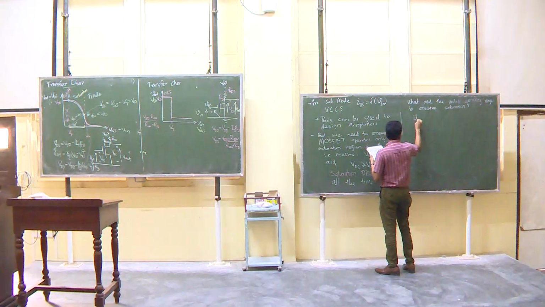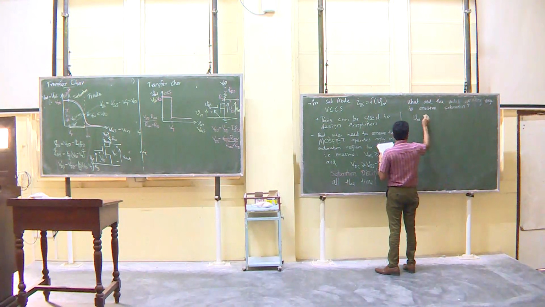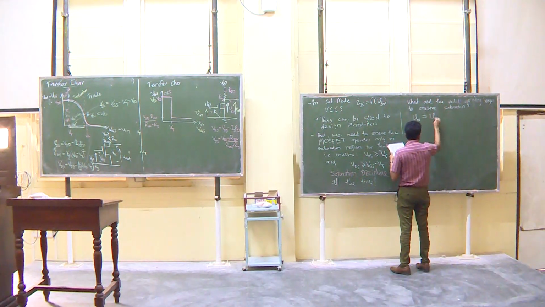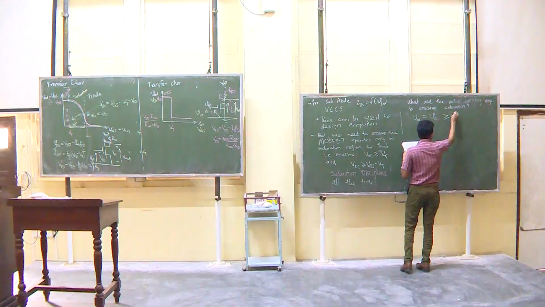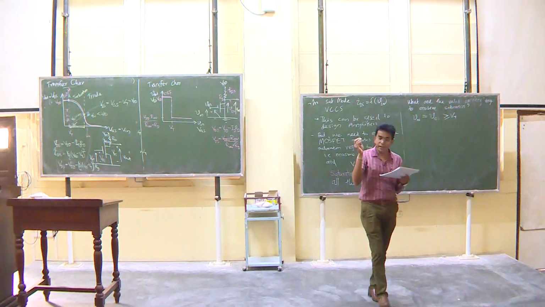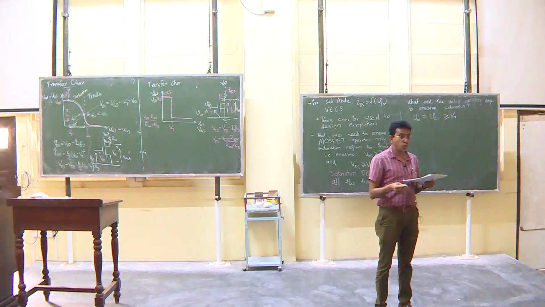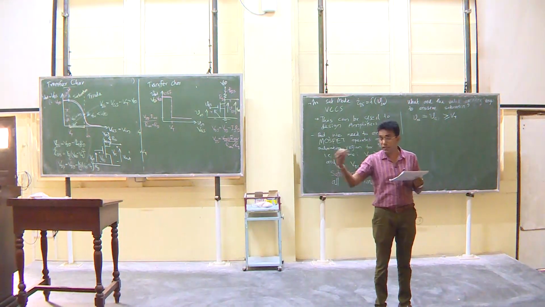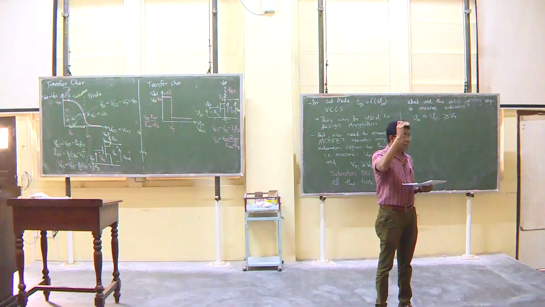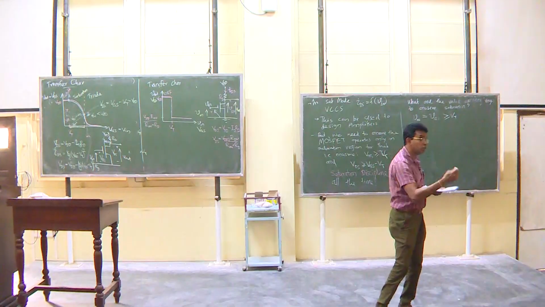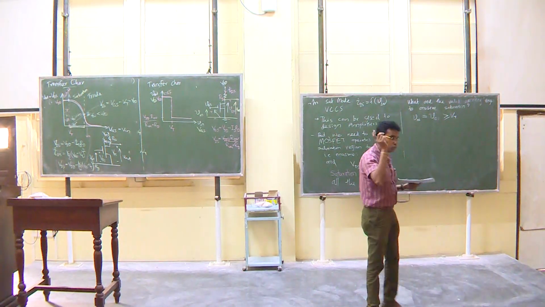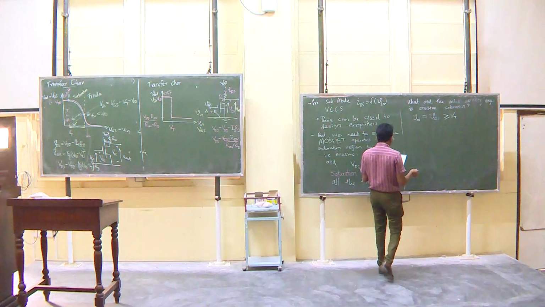We know V in has to be equal to VGS, V in is the VGS, and that has to be greater than or equal to VT. That is one condition. Okay. If you know the threshold voltage of this particular transistor, which we can get from the data sheet, I need to ensure that the input voltage never goes below threshold voltage. Number one. How to do it, we will look at next, right.